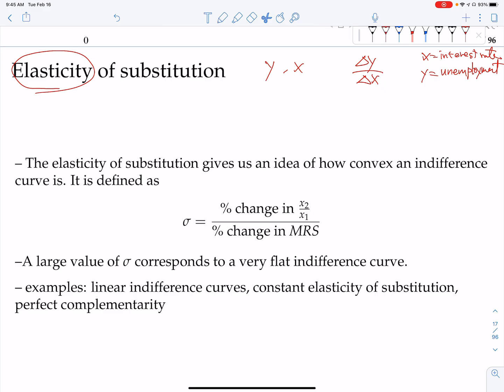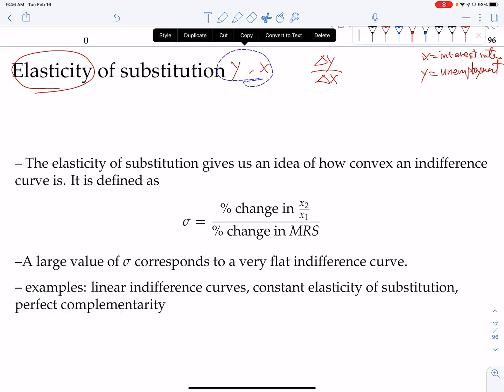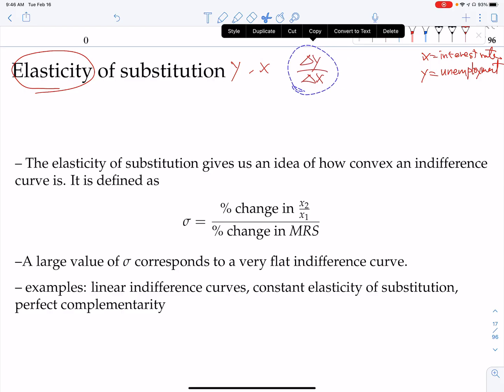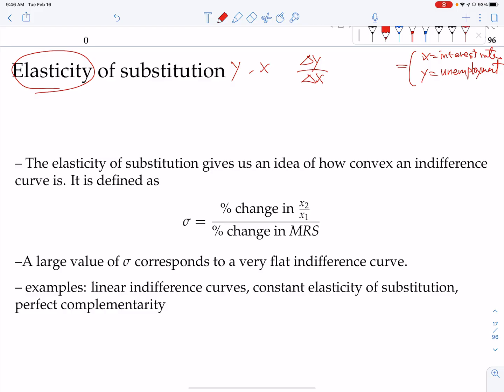The unit will be percent point over percent point. Right, so this is not a good example. Yeah, so all right, let's forget it.